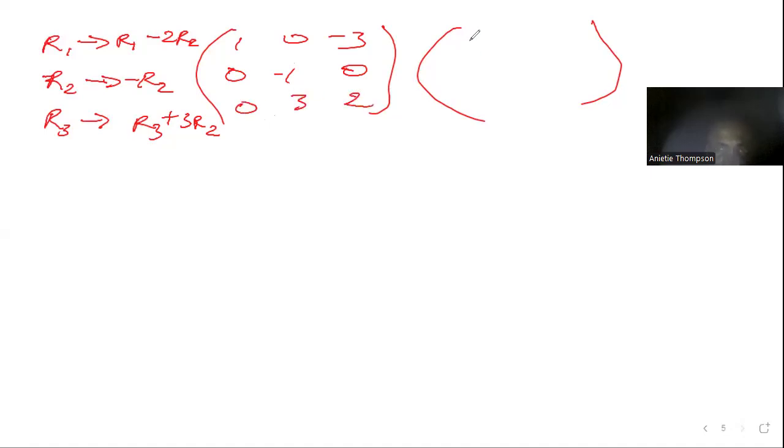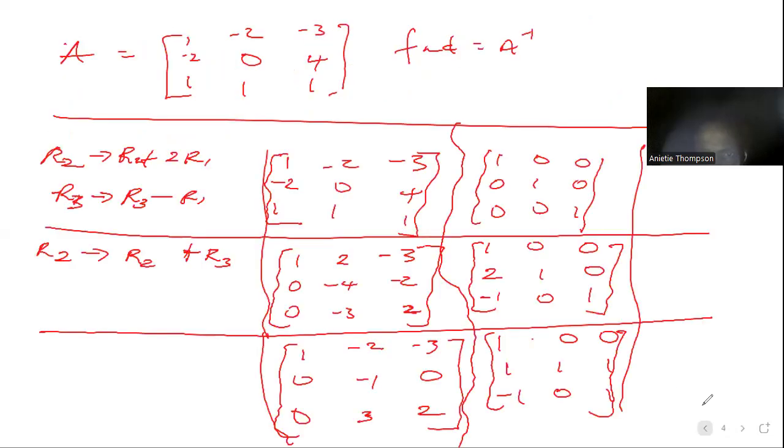Then to this other side, you will have 1, 0, 0, 1, 1, 1. I'm not messing up things there. 1, 1, 1. Then minus 1, 0, and 1. Let me confirm something.